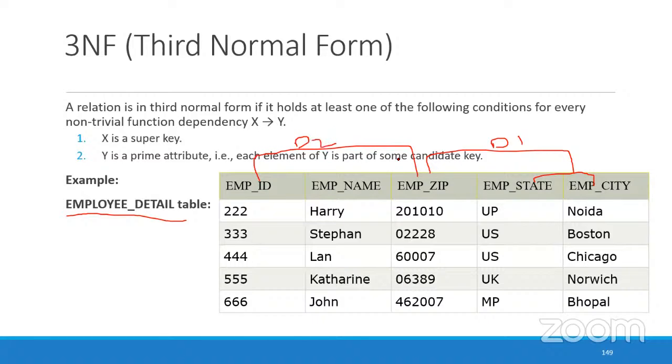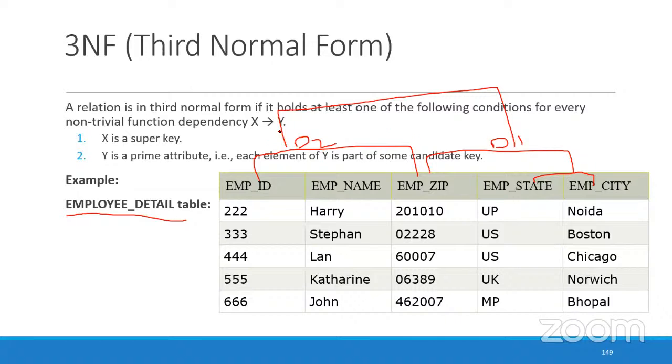So now there is the dependency between employee zip and employee state and city, and employee zip and employee ID. Now there is a chance for transitive dependency between employee ID and employee state and city.